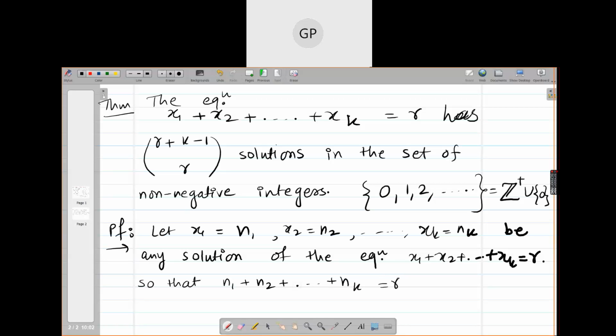Have you understood this? We are just substituting x1 equal to n1, x2 equal to n2 and so on.